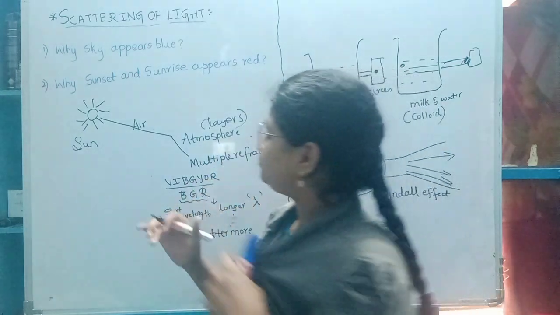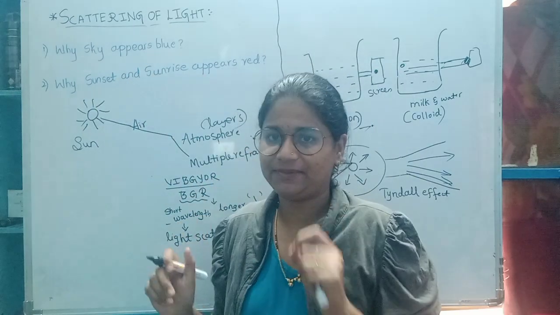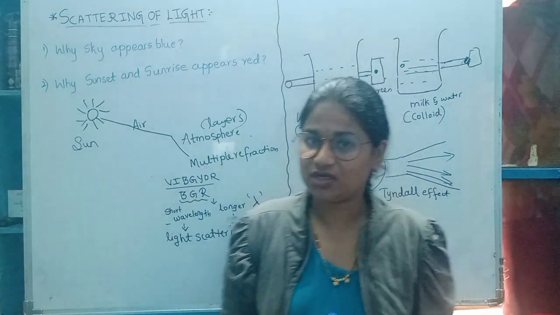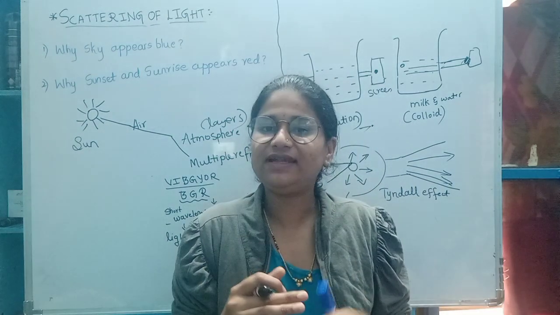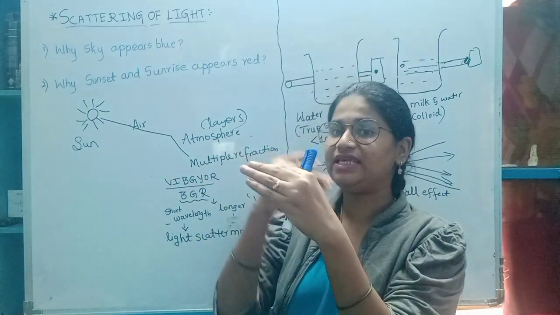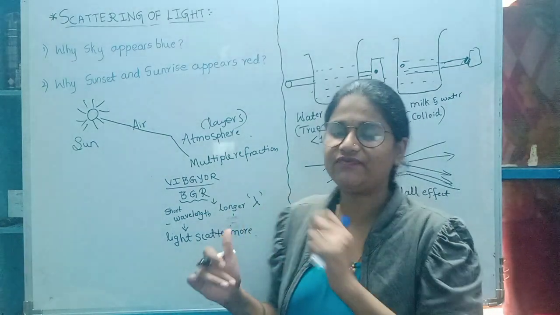Next, we have why sunset and sunrise appear red. It is also the same. When sunset and sunrise occur, the red, as it will be near to the earth, has the longer wavelength.